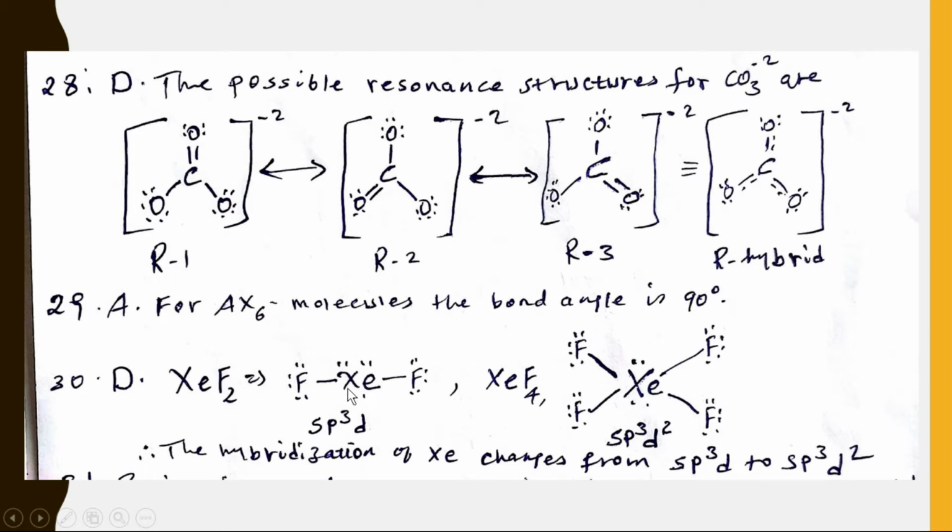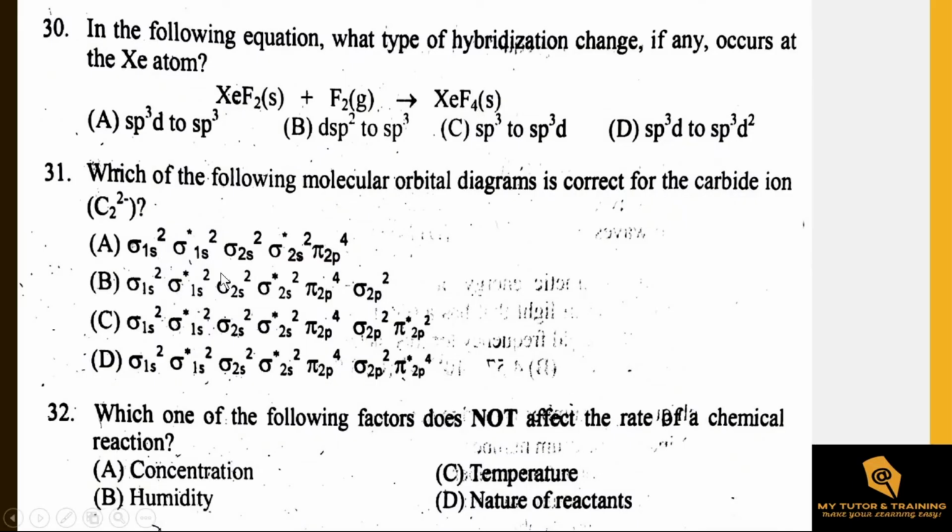And when it changes into xenon tetrafluoride, XeF4, its hybridization changes to sp3d2. So the hybridization of xenon changes from sp3d to sp3d2. So the correct answer is D, sp3d to sp3d2.